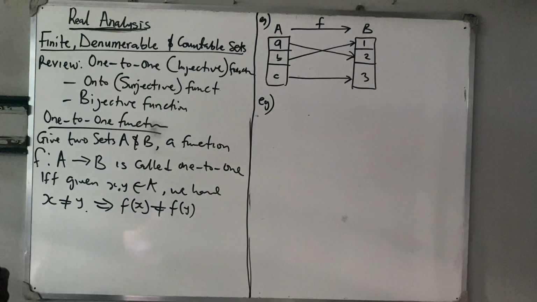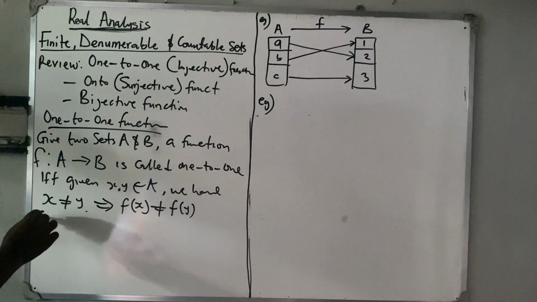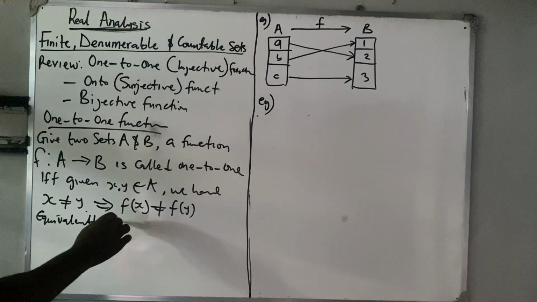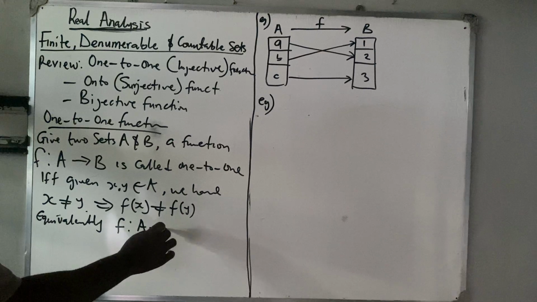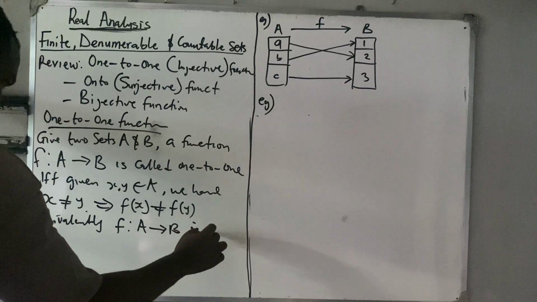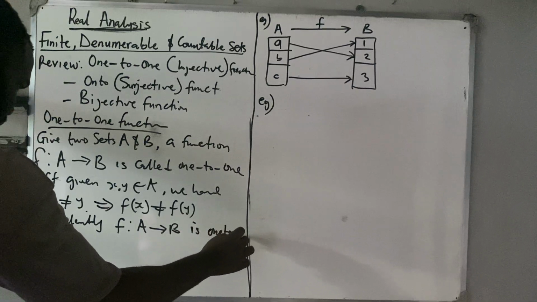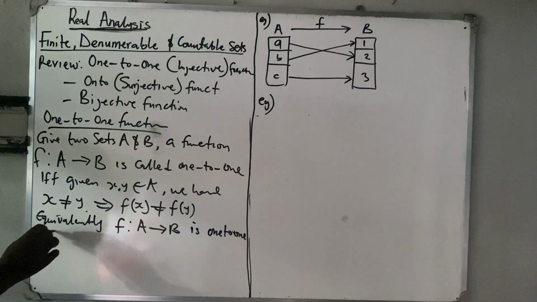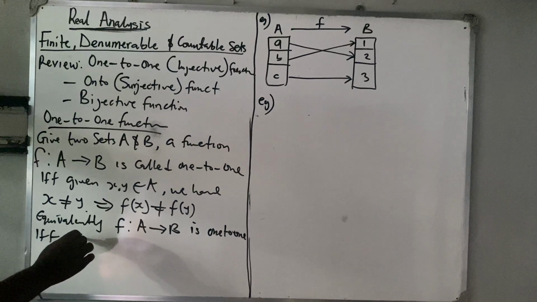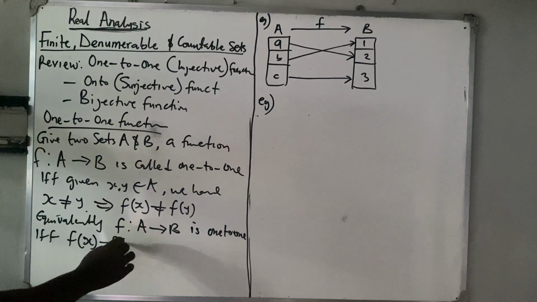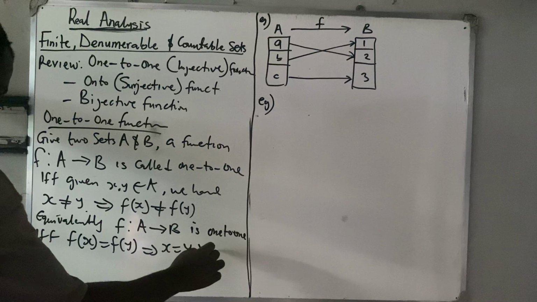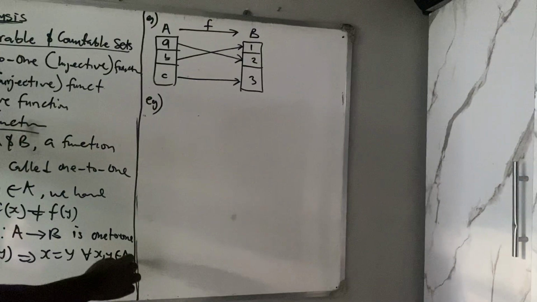The contrapositive statement says, equivalently, let's have a function f that maps A to B. We say that a function f that maps A to B is one-to-one if and only if f of x is equal to f of y will imply that x is equal to y, for all x and y which are elements of A.